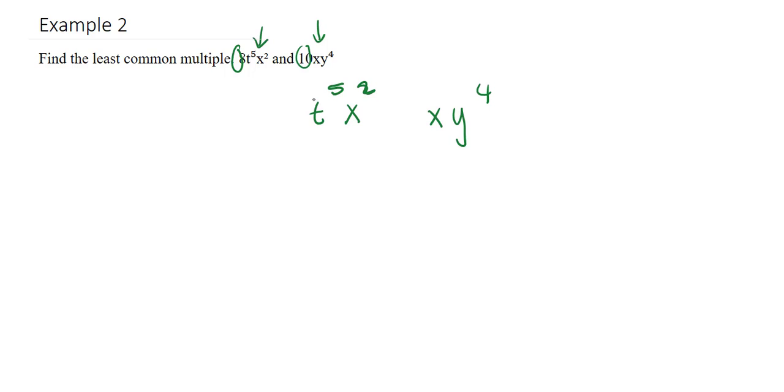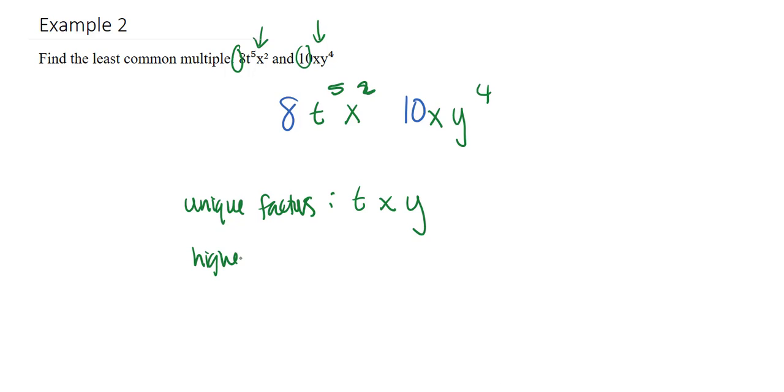So we don't forget, we're going to put 8 and 10 here, but we're just going to look at the variables. Let's find all the unique factors. The unique factors are going to be t, x, and y.